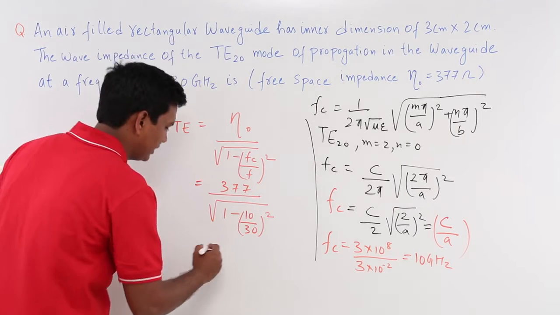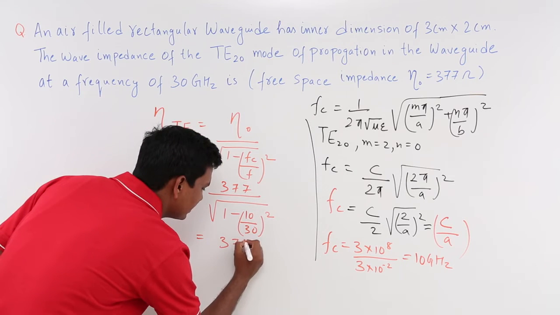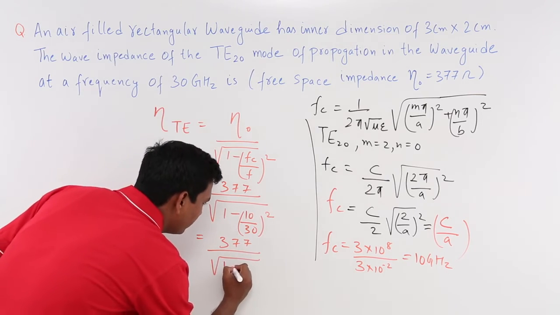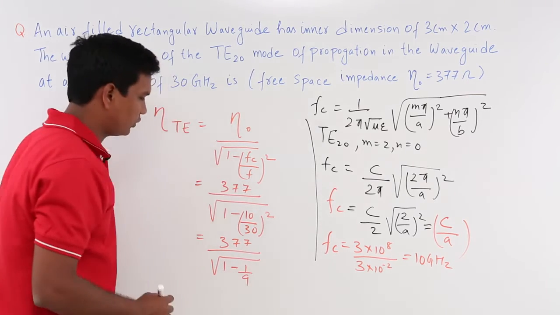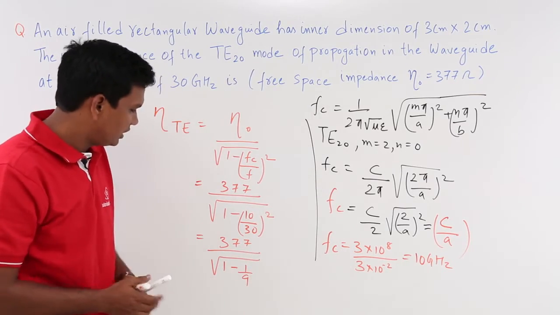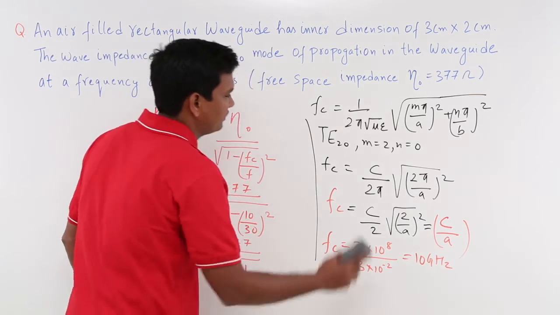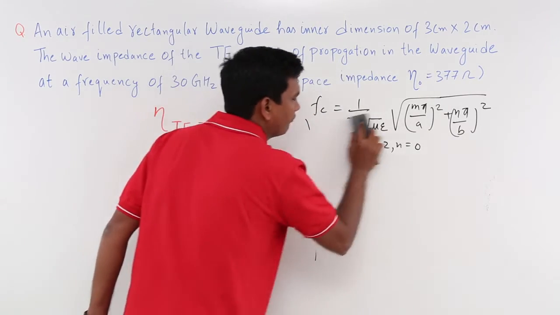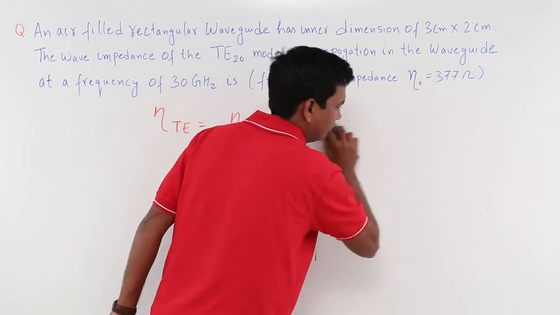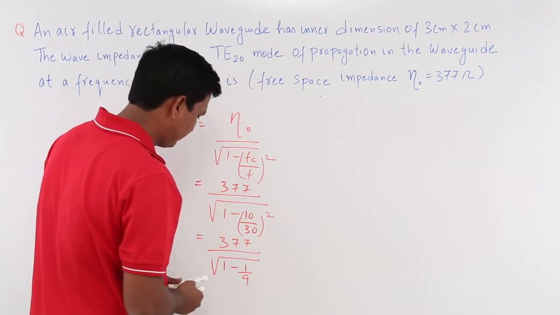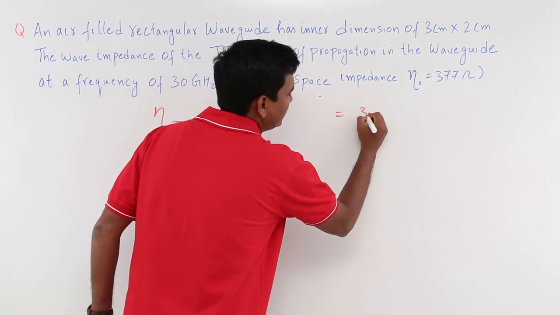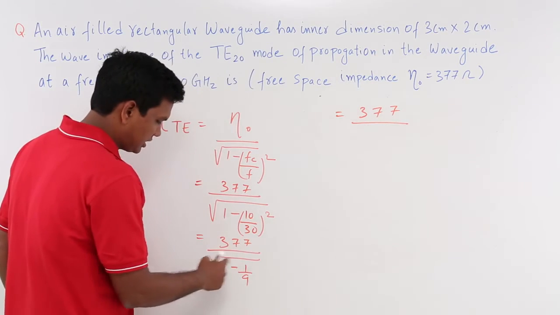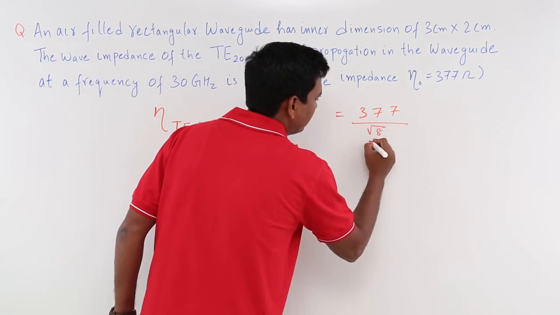If I solve this, this will be nothing but 377 divided by root over 1 minus 1 by 9, right. This is what you will get. If I simplify this, 377 divided by, can I say that 8 by 9, root over 8 by 9, right.